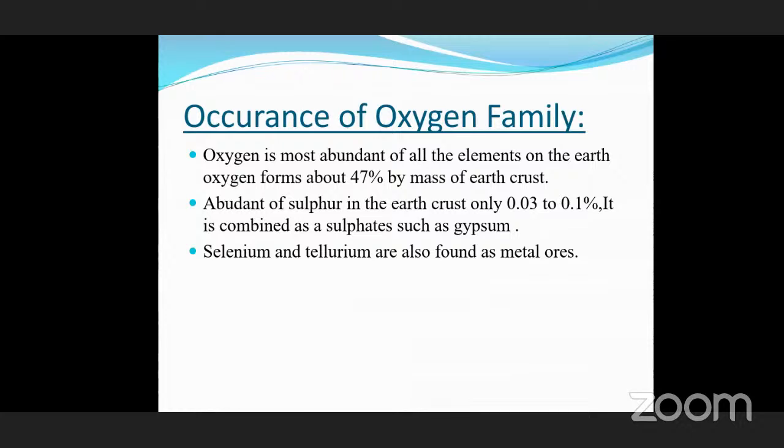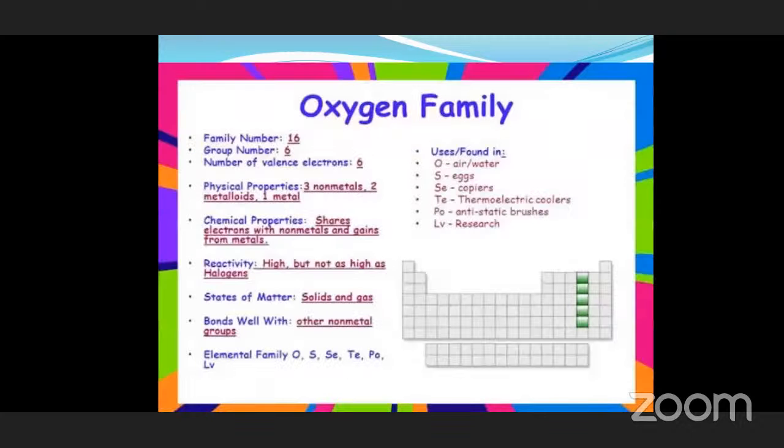It is also found combined with sulfate, such as gypsum. That means gypsum contains sulfur. Similarly, selenium and tellurium are also found in metal ores. So this is about the occurrence of the oxygen family.